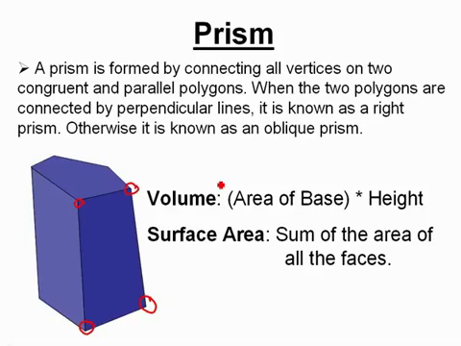The volume of a prism is equal to the area of the base times the height, whereas the surface area of our prism is equal to the sum of the area of all the faces. So in this prism, to the bottom left, we're going to have 7 faces. There's this top one up here, the bottom one you can't see down here, which would be something like that. 2.